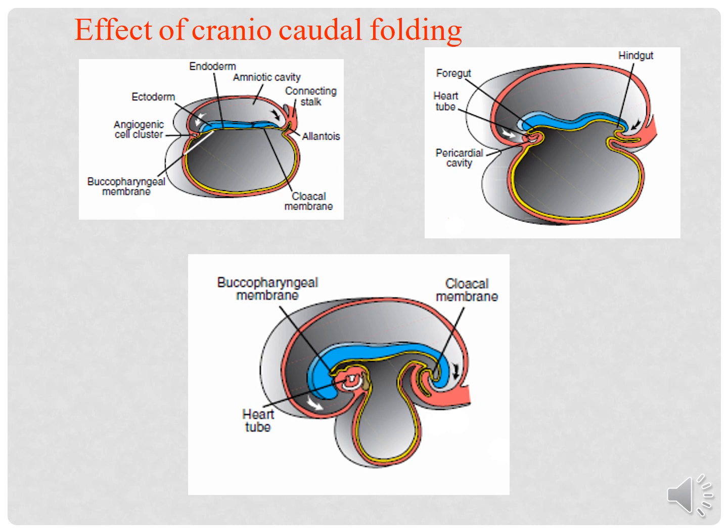These are the longitudinal sections, three diagrams which we can see, and the last diagram shows the effect of head fold and tail fold, how the situation changes. Now the septum transversum, the brown colored area indicated in the last figure, is lying caudal to the heart tube because of the craniocaudal folding.